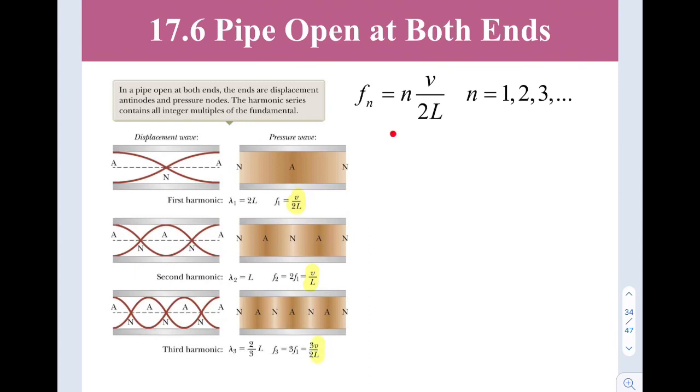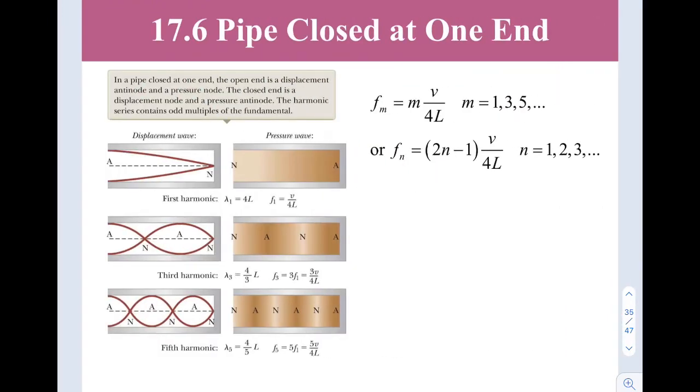We can observe that this formula is almost the same as the formula for a taut or stretched string. Fn equivalent to nv/2L with n being 1, 2, 3 and so on, integer, for a pipe open at both ends. We have another type of pipe, which is a pipe closed at one end.